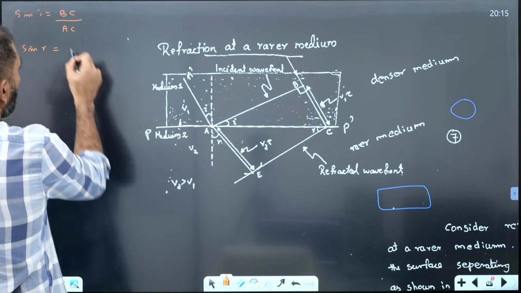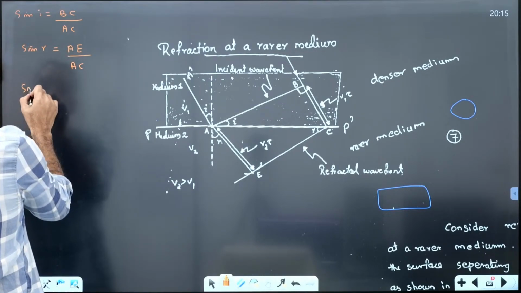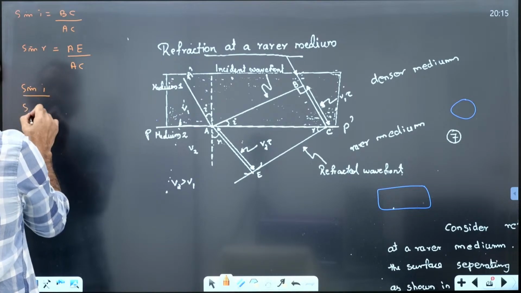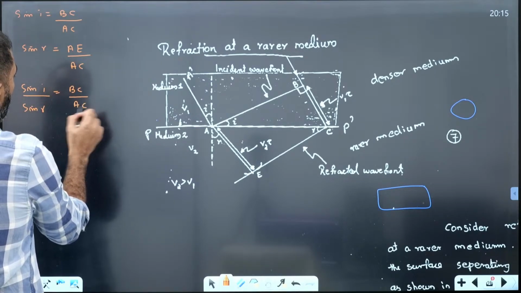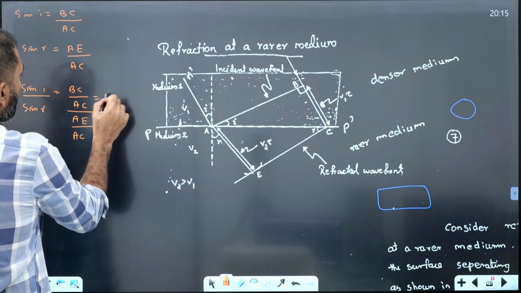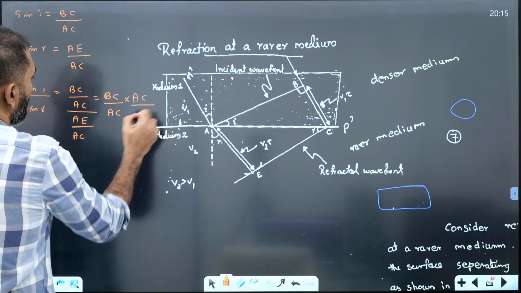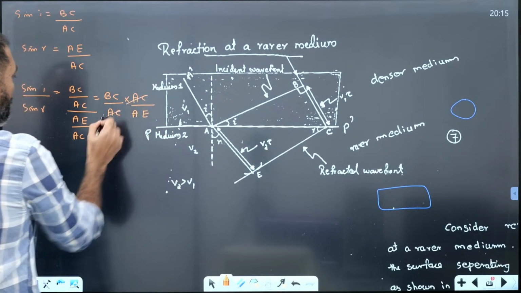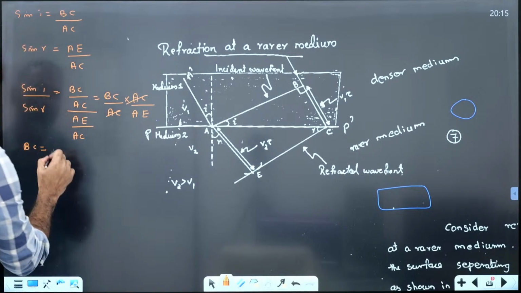Sin r is equal to AE by AC. So sin i by sin r is equal to BC by AC divided by AE by AC. That is equal to BC by AC into AC by AE. So AC is gone. BC is v1 tau.